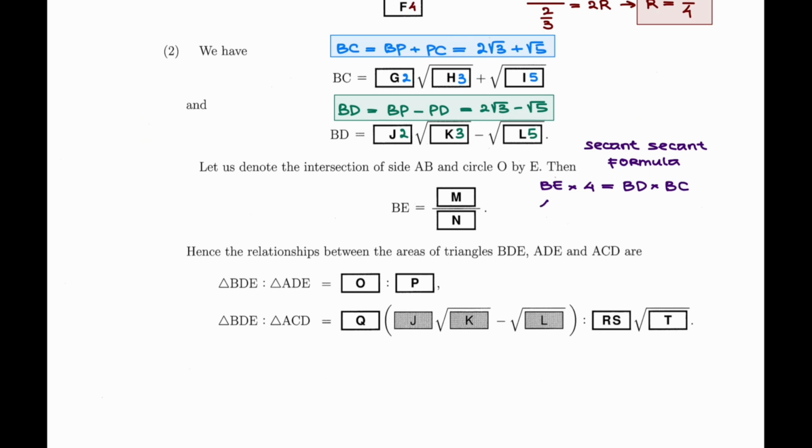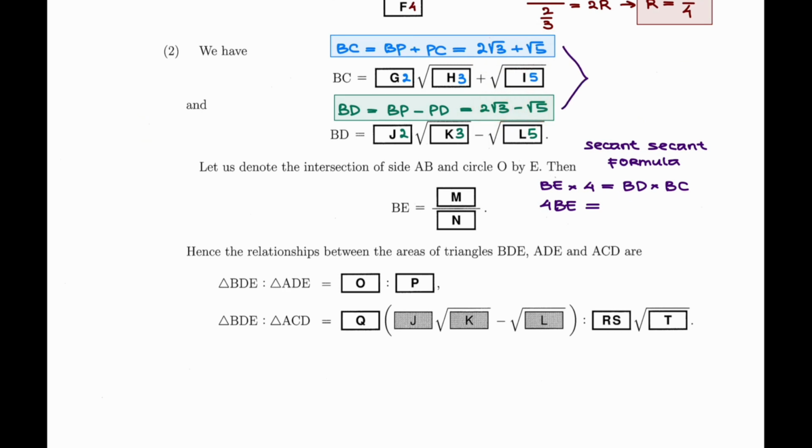So I will get 4BE is equals to BD times BC. We already know BD and we already know BC. If you observe, these two expressions are A minus B times A plus B. So BD times BC is equals to A square minus B square.